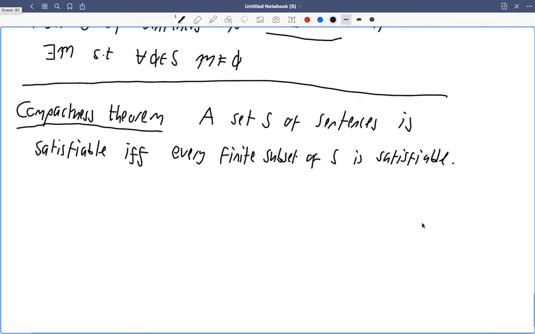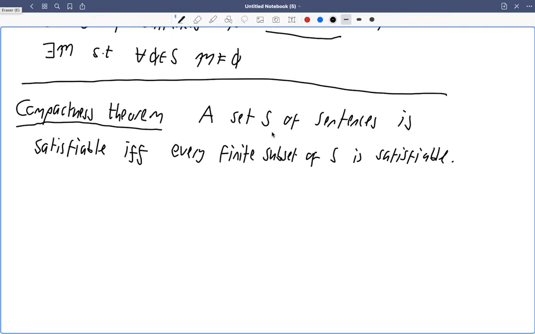So it's only interesting if S is an infinite set of sentences, because otherwise S is a finite subset of itself.